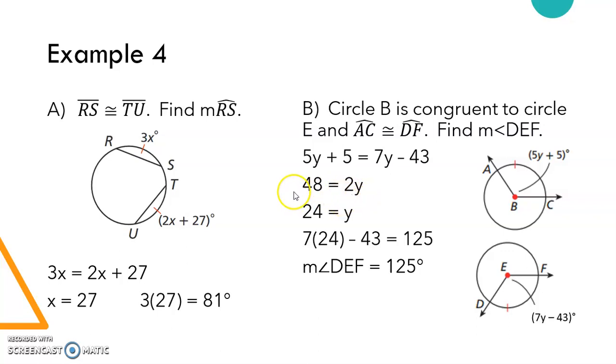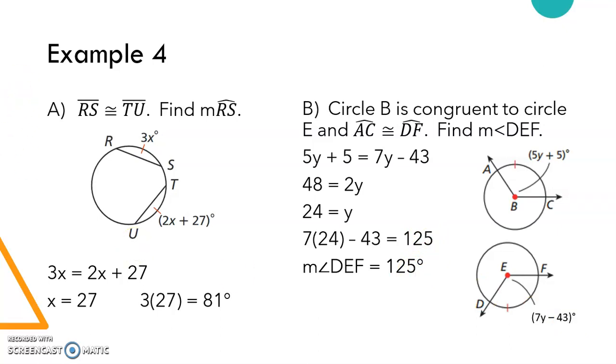Then, I divided by 2 on both sides to find out that y is 24. All I need to do now is take this 24 and put it in for the measurement for DEF. So I did 7 times 24 minus 43. And I got 125. So angle DEF is 125 degrees.